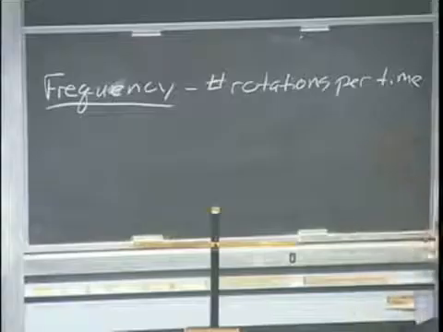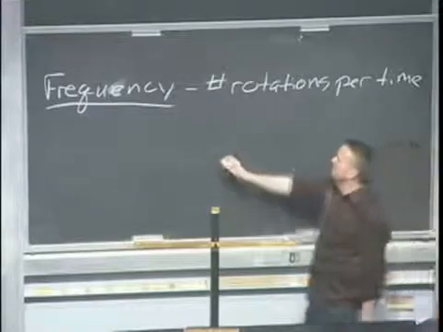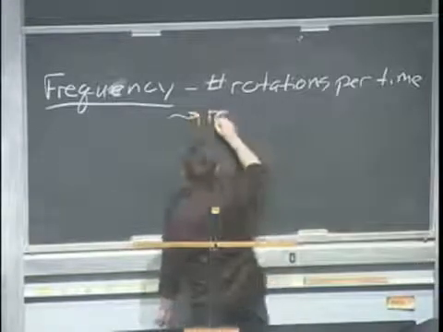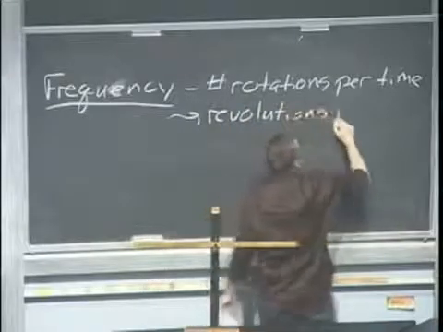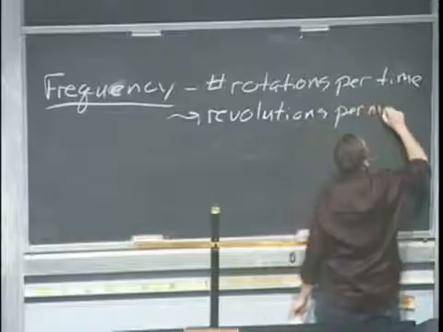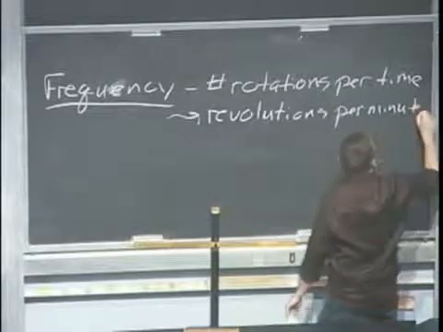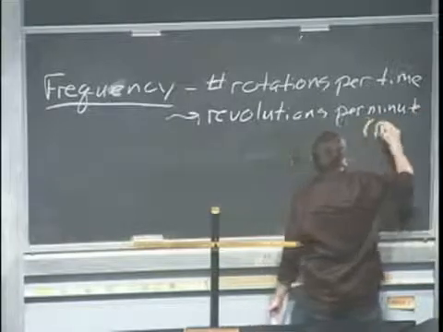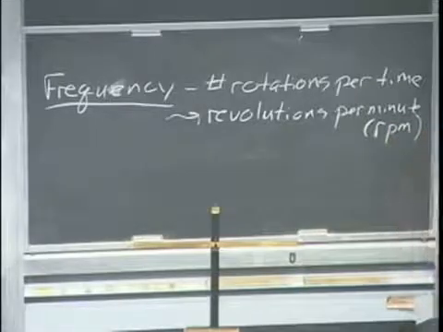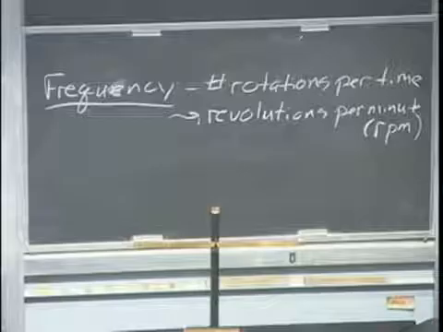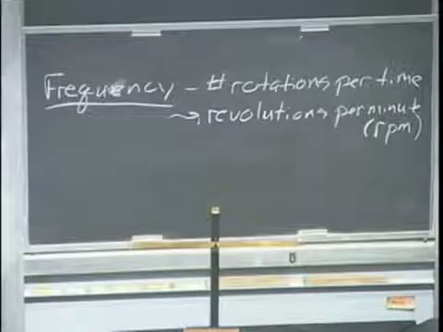The common unit we use for that is usually revolutions per minute, which is RPMs. When we talk about how quickly our gears are spinning or how quickly our record players or our CD players are spinning, we usually talk RPMs, revolutions per minute.